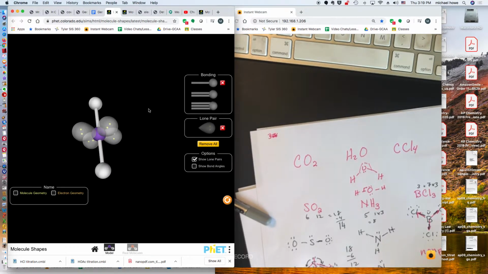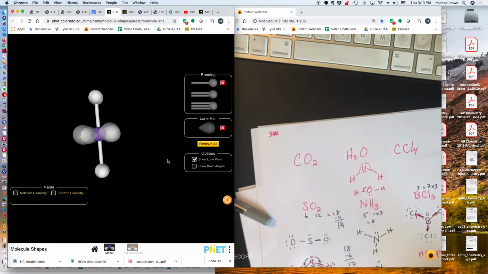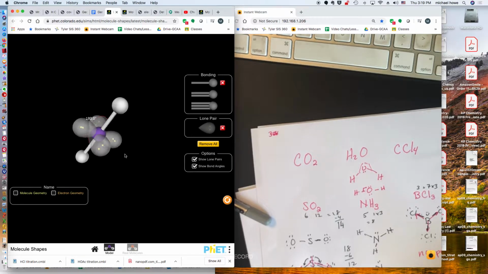So what happens is, the electrons in the bonds and the unshared pairs, they want to get as far apart as they possibly can. If I look at the bond angles, that one right there is 180 degrees. And if I take one of those lone pairs out and put an atom in instead, that recalculated the bond angle.